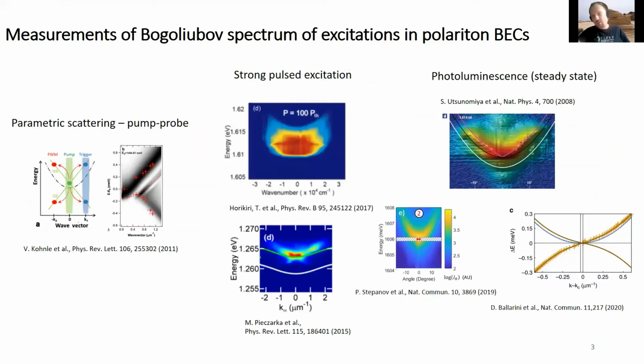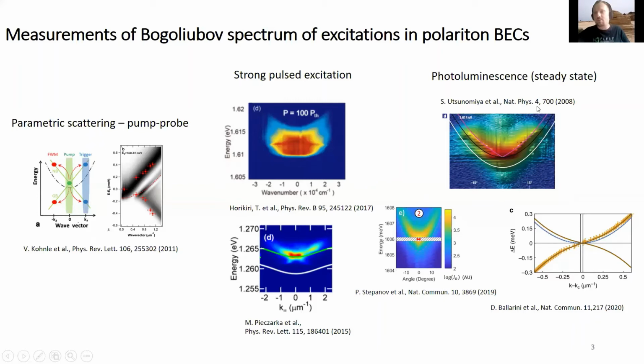If there are Bogoliubov excitations, if there are interactions, then the dispersion of collective excitations is modified, and there have been quite a few attempts to measure it. Here is an overview of several of them. One can use a parametric pump-probe scheme, where the scattering to both excitation branches is forced. Both excitation branches were seen with very strong pulse excitation in the center.